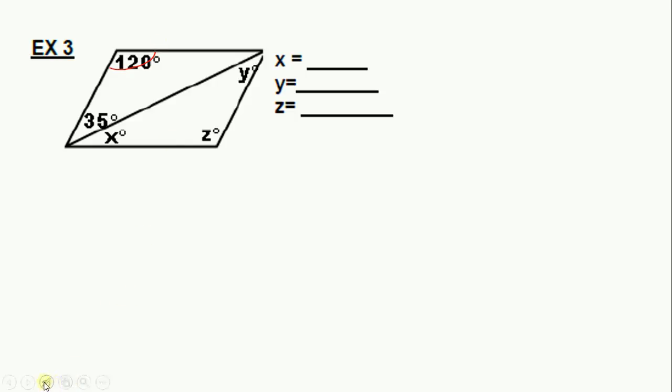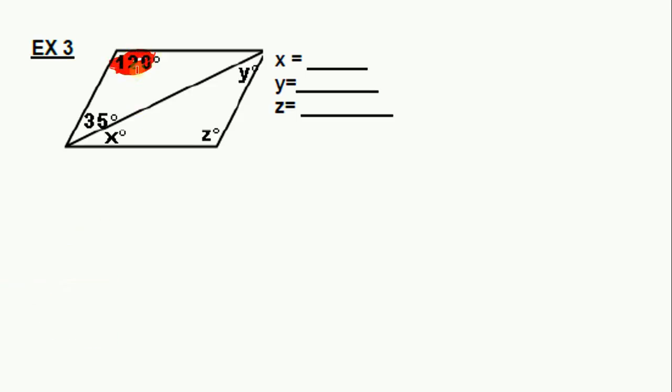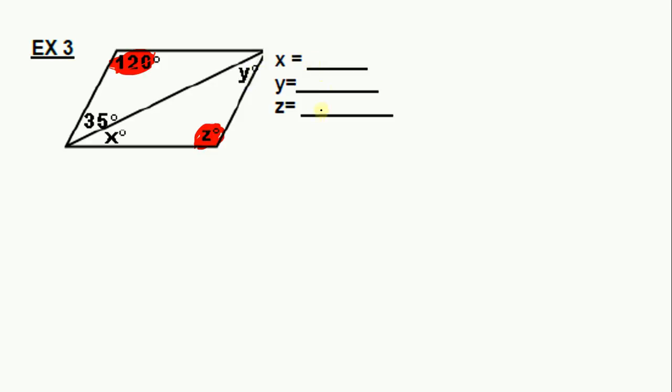So that tells me that this angle right here, grab my highlighter, this guy, he has to be congruent to this guy. AKA, they have to be equal. So I know that Z has to have a 120 degree measurement. Just has to.